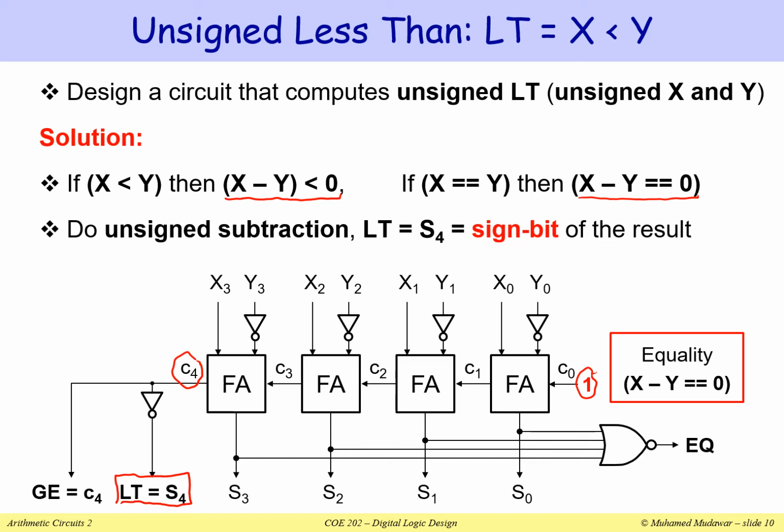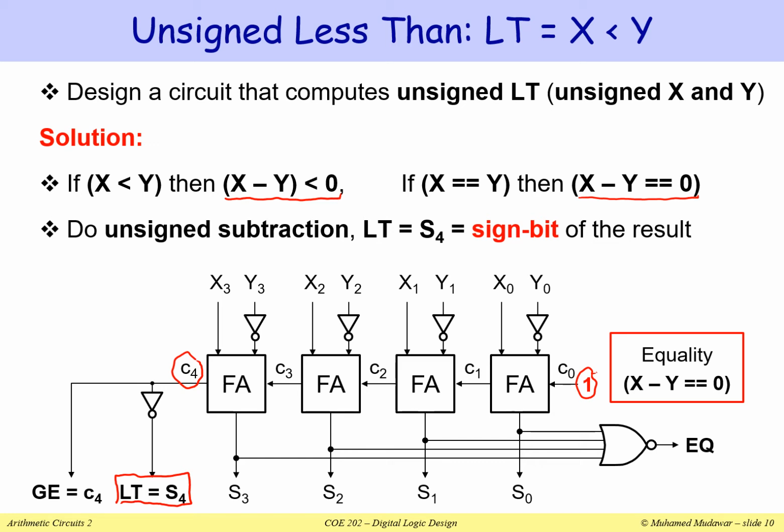So here S is equal to x minus y, and the most significant bit of the sum indicates the sign of x minus y. If this sign is equal to 1, it indicates that x is less than y. It indicates that x minus y is negative, and therefore x is less than y. So the sign bit is just the complement of C4.